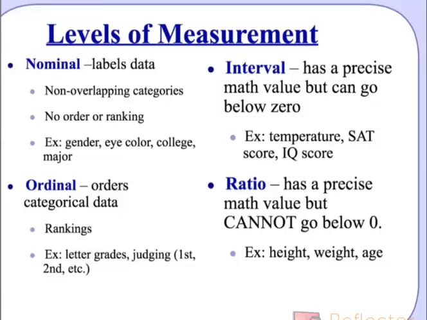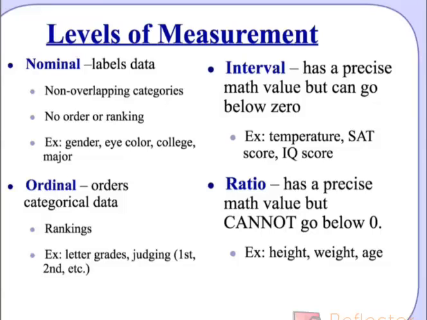Now, if we move over to what I would consider the quantitative side of our levels of measurement, would be this side. We have interval measurement, where it's a precise math value, but it can go below 0. For example, temperature. It can be -3 degrees outside. It can also be 108 degrees outside.